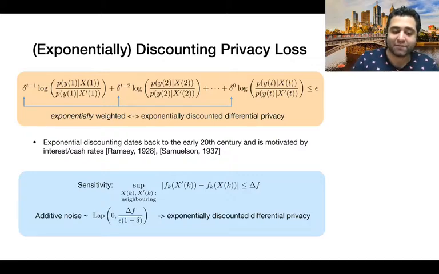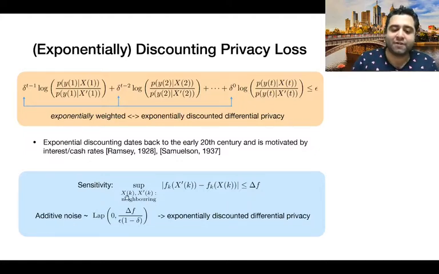A big mechanism there is Laplace noise. So people add Laplace noise and they select a scale of the noise based on the sensitivity of your query over the privacy budget. Now, what we do here is that instead of having one query, we have a lot of different queries, each for a given time. Now we look at the sensitivity of each query, defined in a very similar way as we define the sensitivity of a query in differential privacy, by changing only the data of one individual.